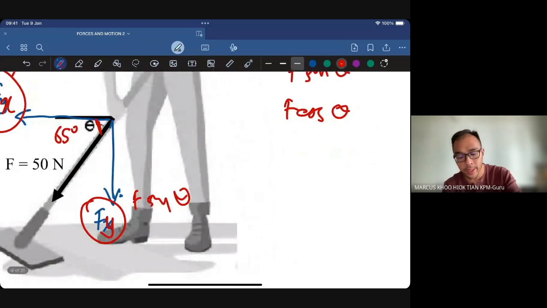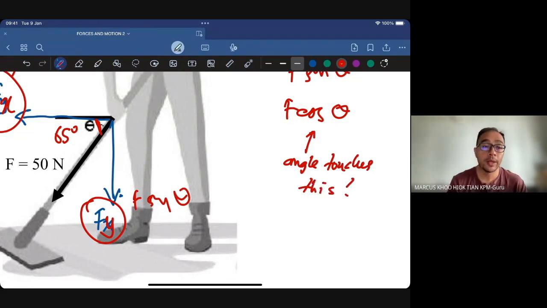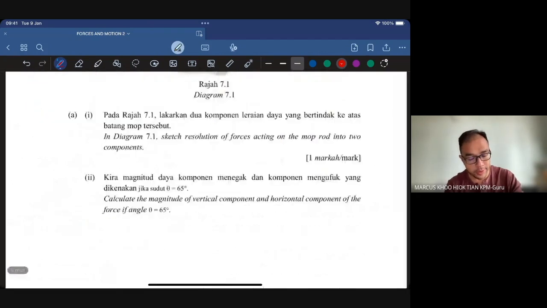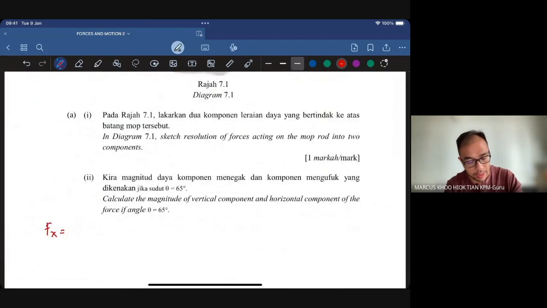So this one, the angle touches this. If the given angle is the one that is touching that particular component, that component is the cos one. So because of that, Fx is 50 cos 65, while Fy is 50 sin 65.